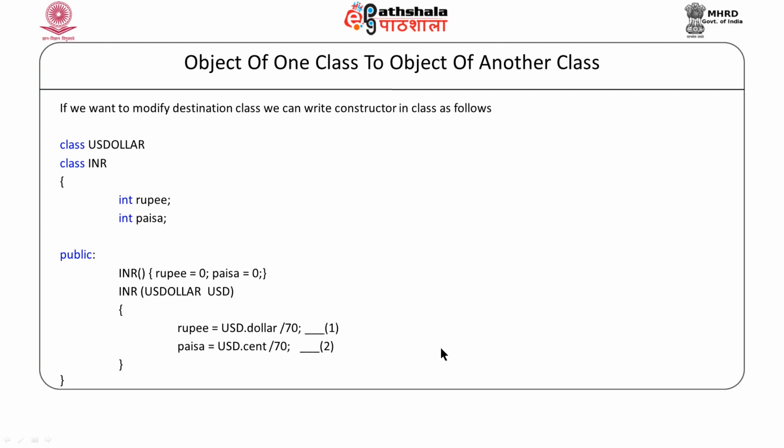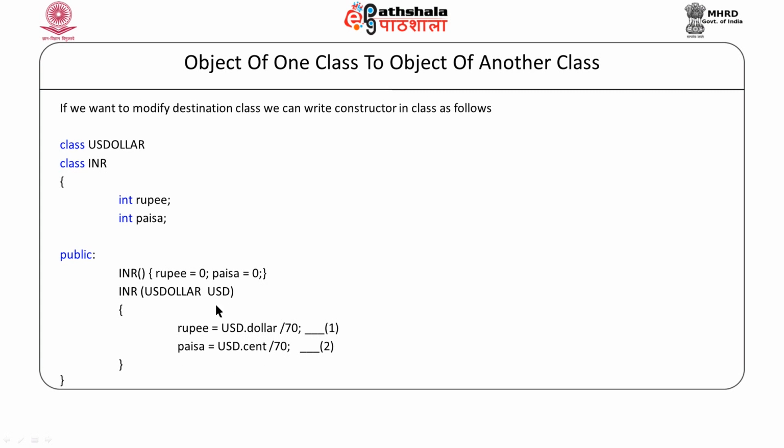You can write more appropriate code for proper conversion. I have made it simple because our focus is to learn how to achieve these user defined conversions in C++. So, what we do is divide the dollar by 70 to get an approximate value in rupees.